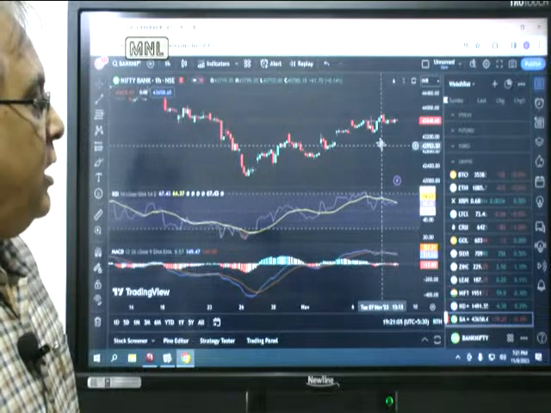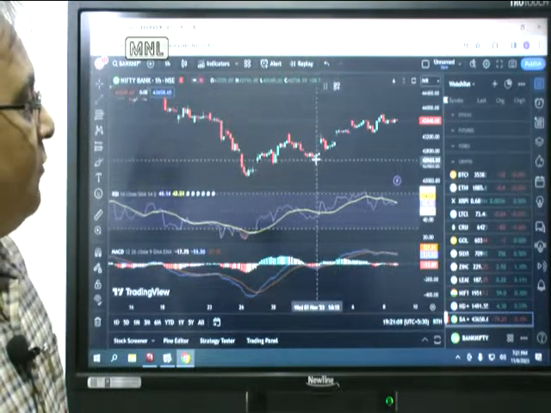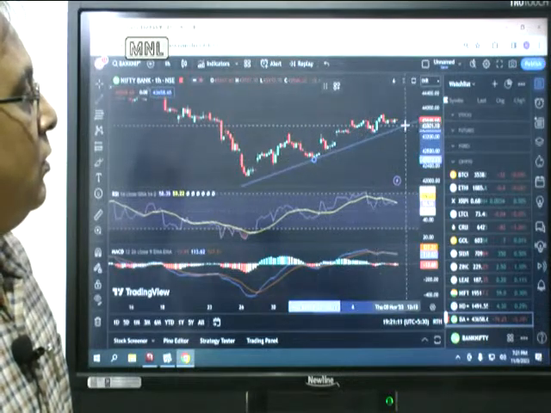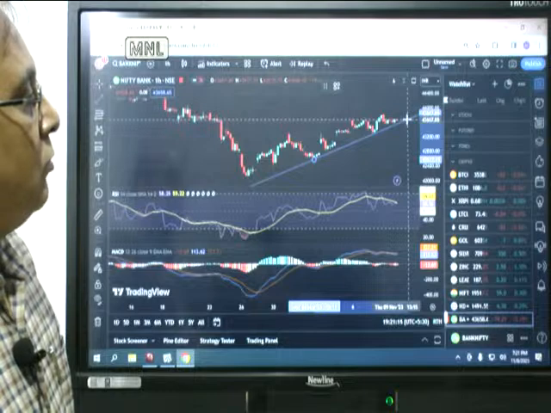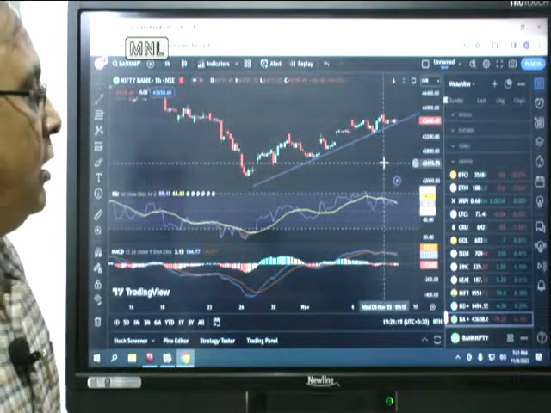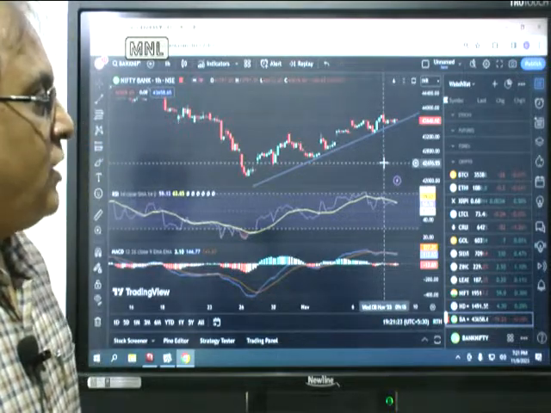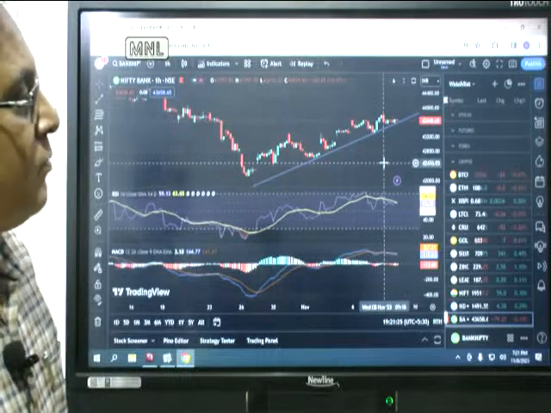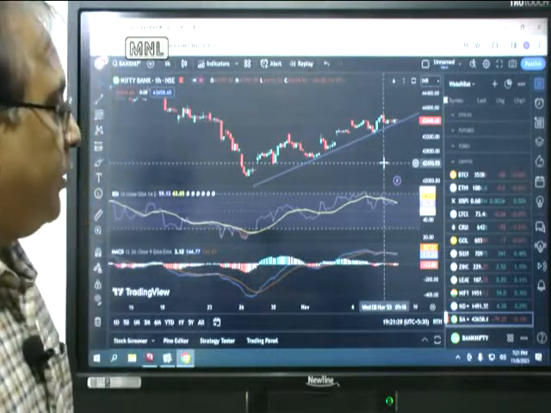So either we can do a stop, or we can draw a trend line and see where it ends. So this particular line, if it starts declining below this line, then probably we should be out of any long positions that we might have created at the bottom.